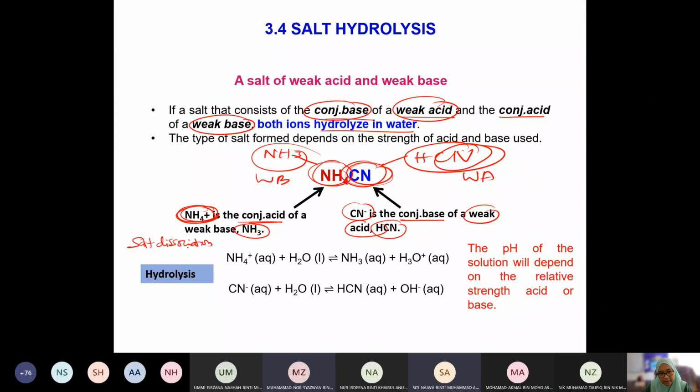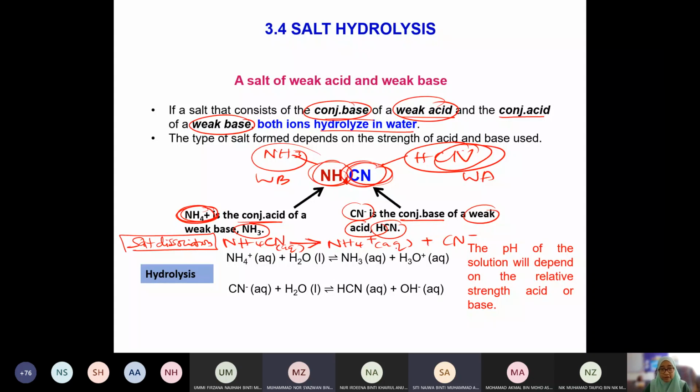So we have NH4CN, which undergoes dissociation. This is fully dissociated, in aqueous state, producing NH4 plus aqueous plus CN minus. These two are the ions coming from the salt.